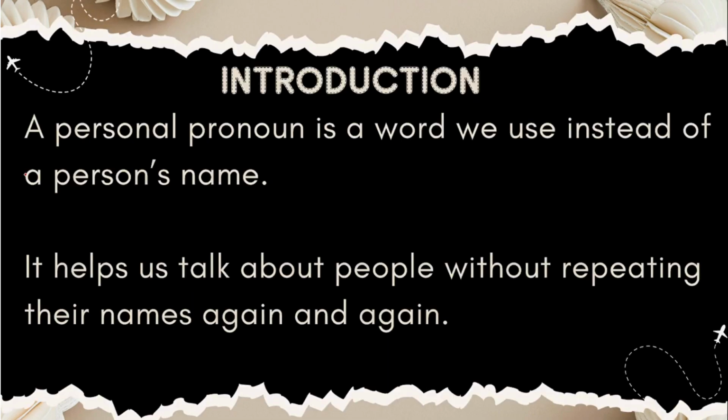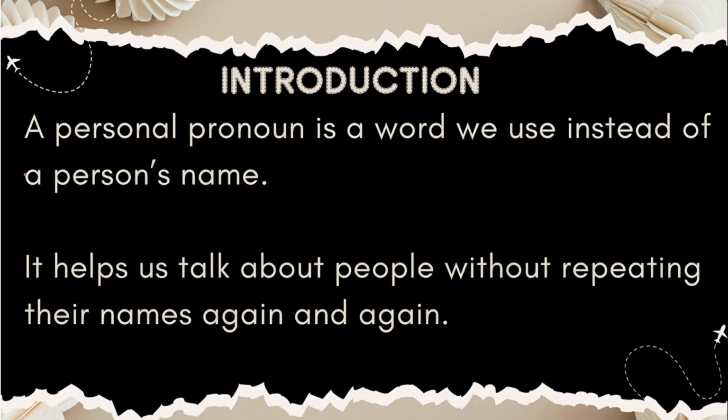I'm going to do a quick introduction again for you to have an idea of what a pronoun is, what a personal pronoun is. Like we said earlier on, I believe you should know what a pronoun is, but I will take that again. A personal pronoun is a word we use instead of a person's name.